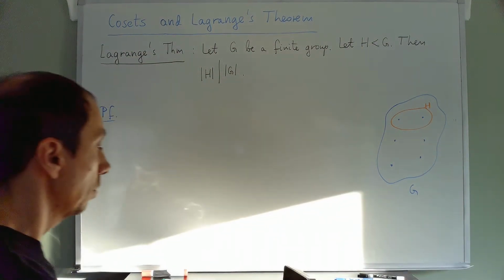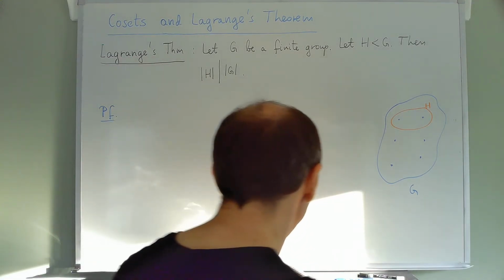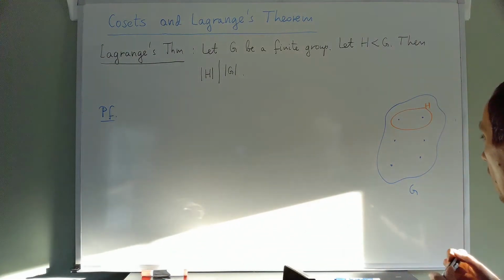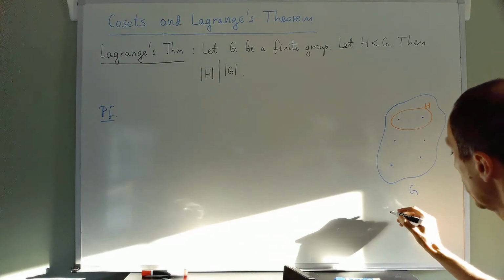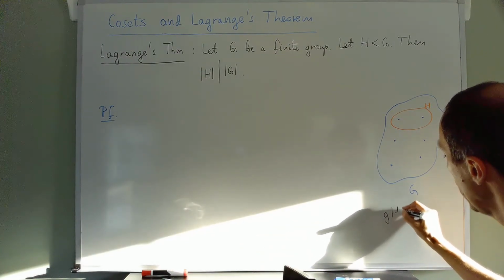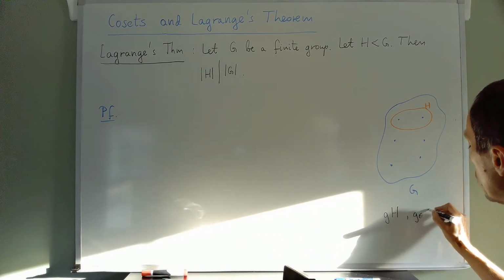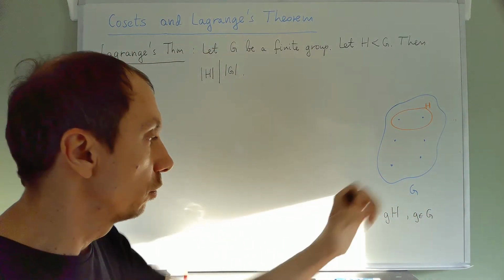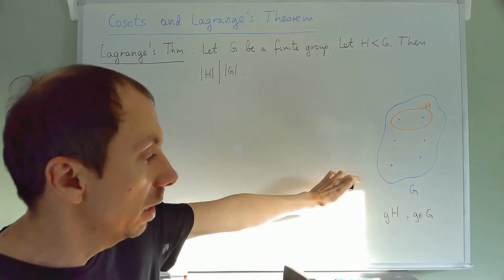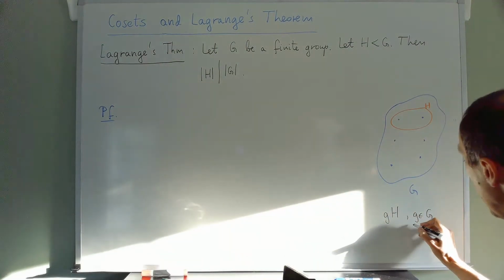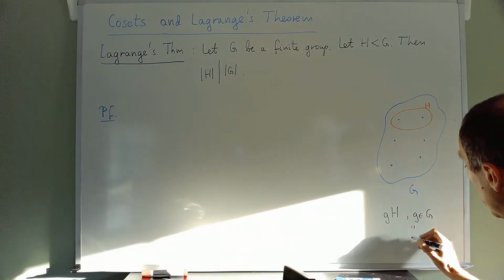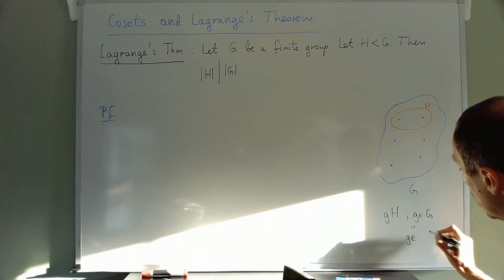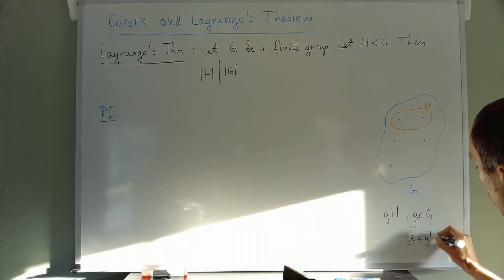And now what I'm going to do is look at cosets of H. I'm just going to look at all the possible gH's as g runs through G. And of course, every element of G is in one of those cosets, because I can always write g as g times e. So this belongs to gH.